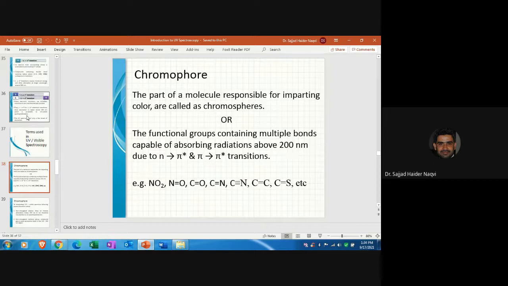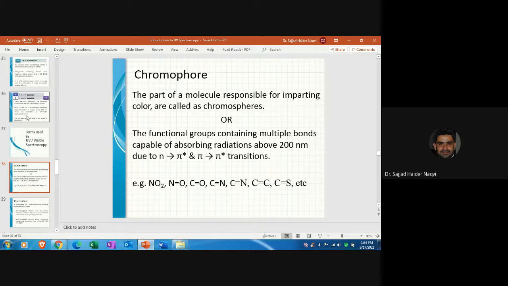The first term that we're going to discuss here is chromophore. I'm pretty sure that you guys are aware of the term chrome that refers to color. So the part of a molecule which is basically responsible for color production, or for the color of a compound, is termed a chromophore.